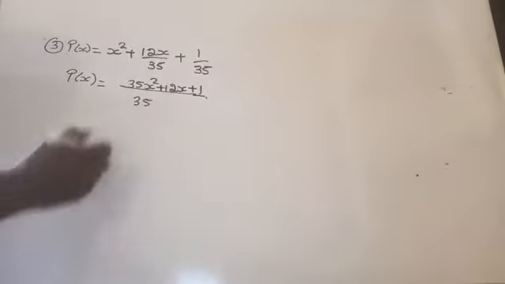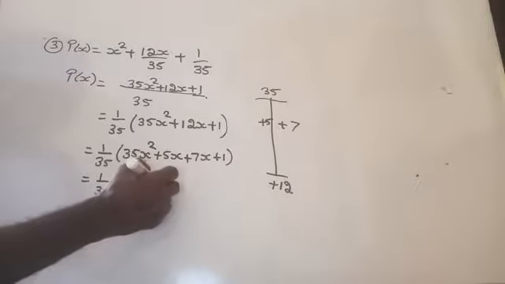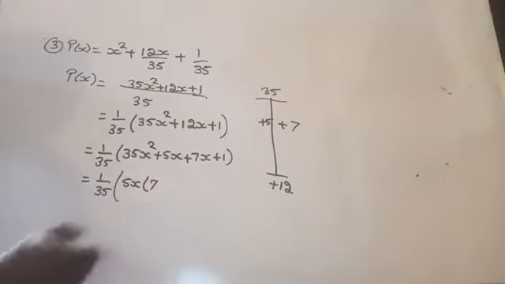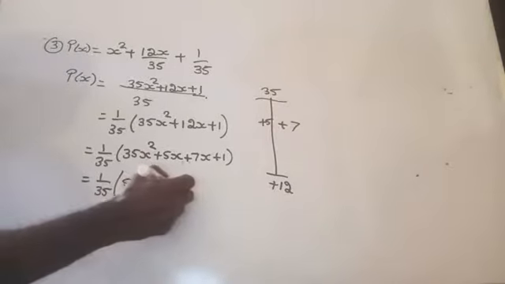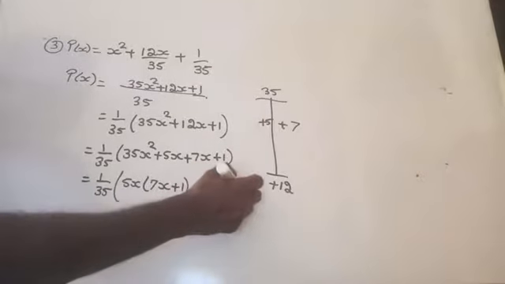So 1 by 35 into, 12x can be written as 5x plus 7x, 5x plus 7x plus 1. Now 1 by 35 into, take 5x common outside, then it will be 7x plus 1. From these last two terms, take 1 common outside, that is 1 times 7x plus 1.